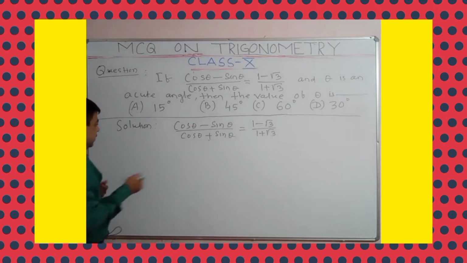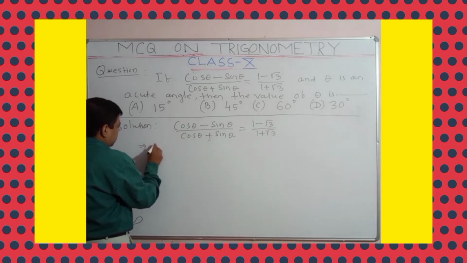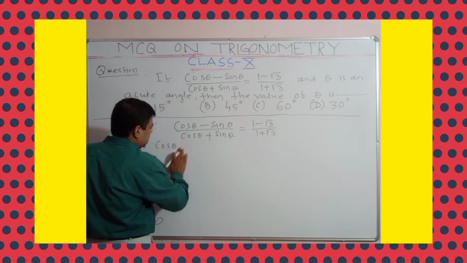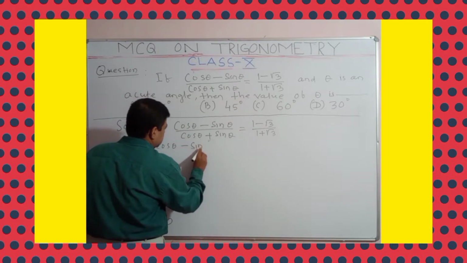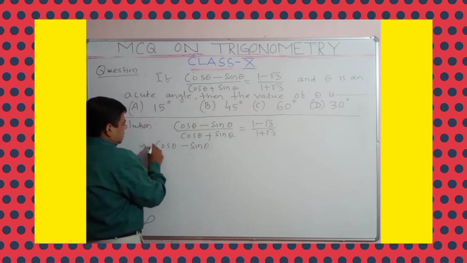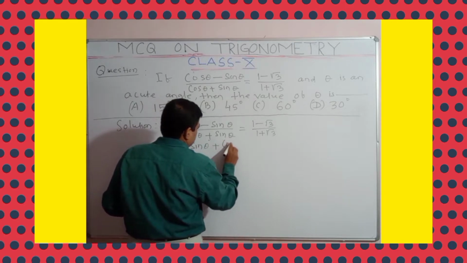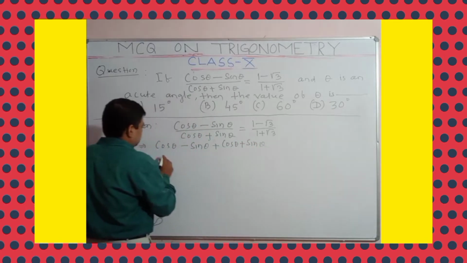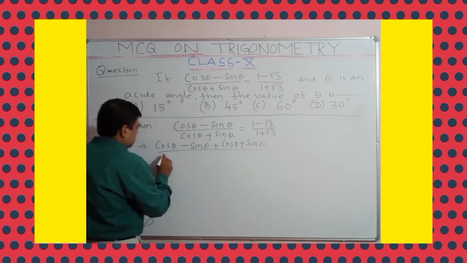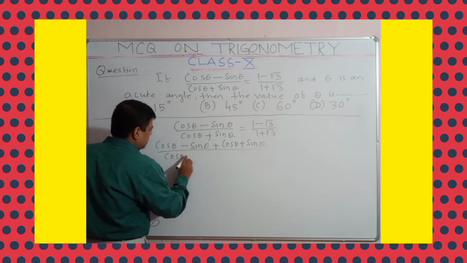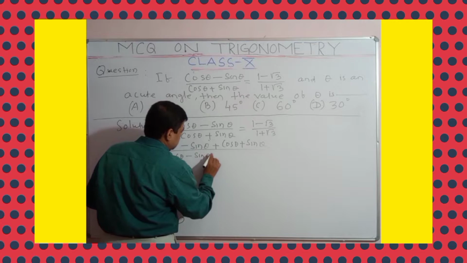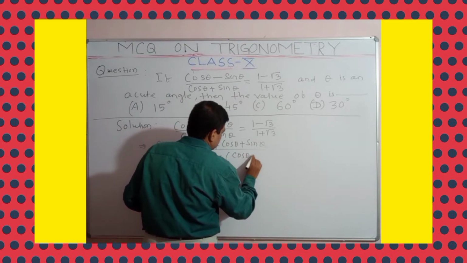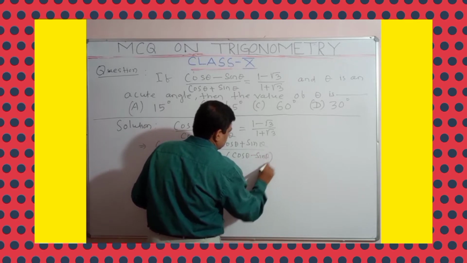You can rewrite it: cos theta minus sin theta plus cos theta plus sin theta, whole divided by cos theta minus sin theta minus cos theta plus sin theta.